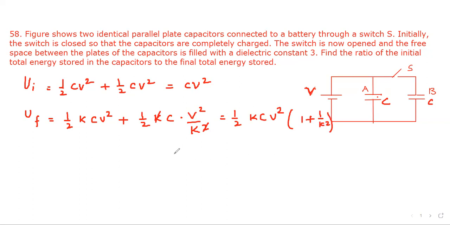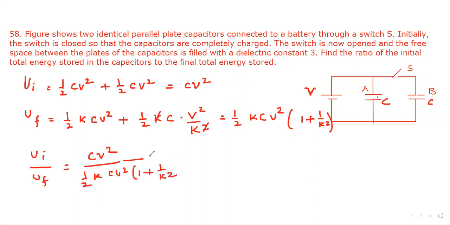Now we have to find the ratio. So Ui to Uf will be equal to CV square divided by half K times CV square times 1 plus 1 upon K square, which can be further simplified.